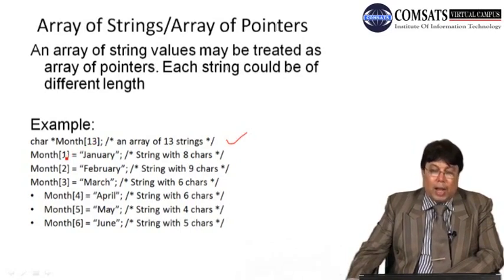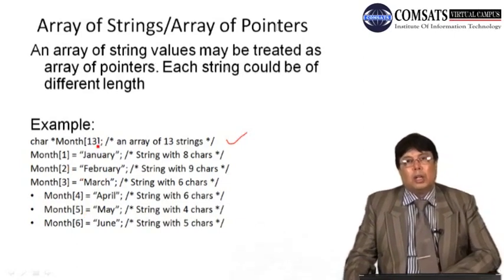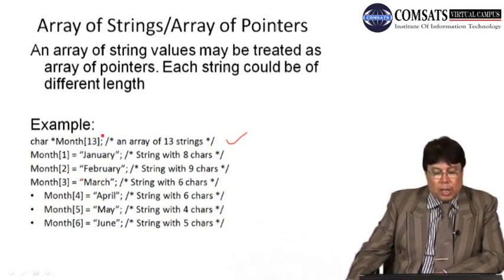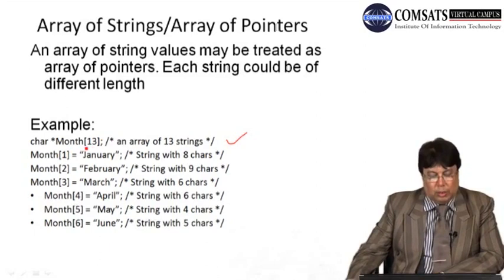So if i is equal to 1, month is 1; i equal to 2, month is 2; and i equal to 12 means the month is 12. The subscript ranges from 0 to 12 here, so don't be confused about why we are using 13.